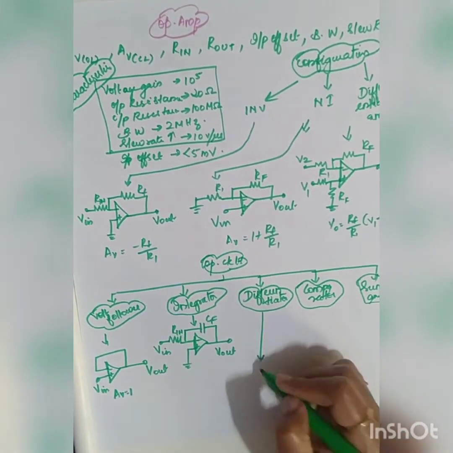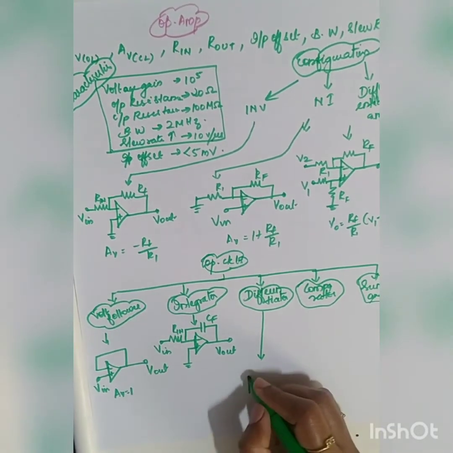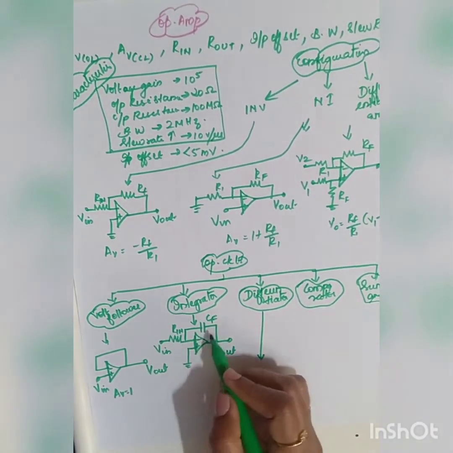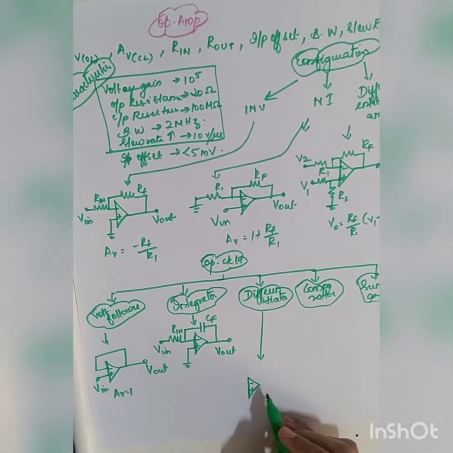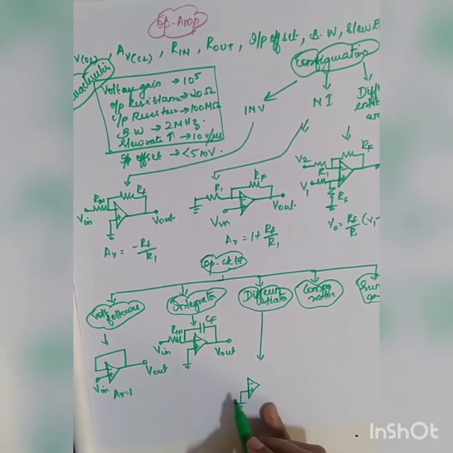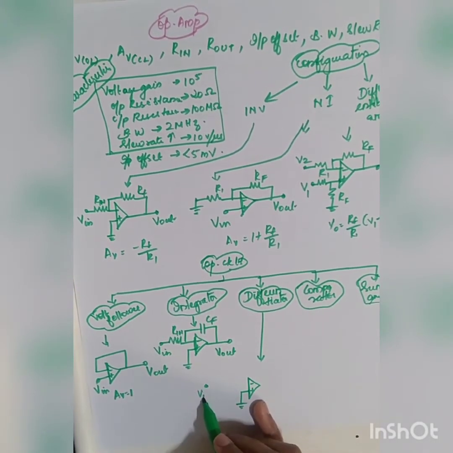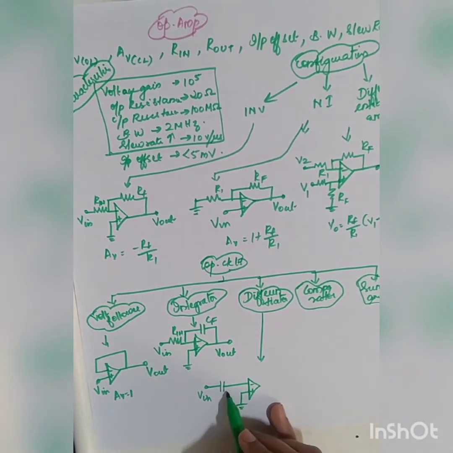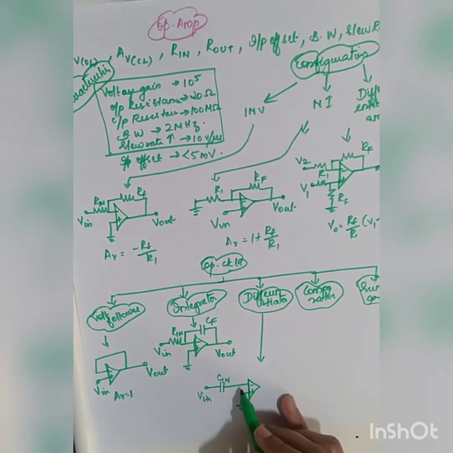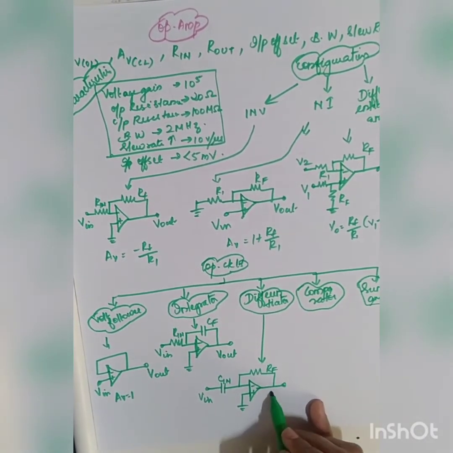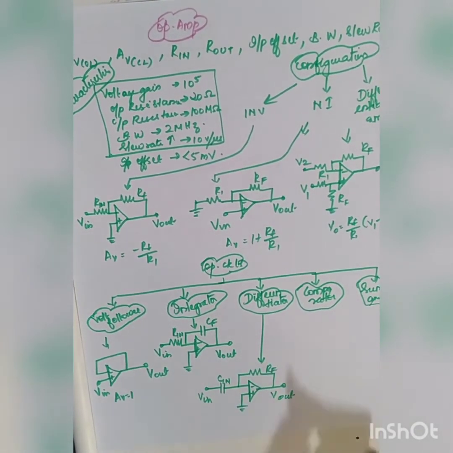Opposite of the integrator. You just relocate your CF and RN. The non-inverting terminal will be grounded, and Vin will be applied across your inverting terminal. Instead of a resistor, the input will be through C in and the feedback will be RF. That is the difference between your differentiator and integrator.